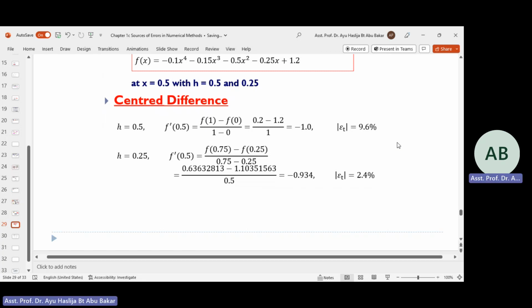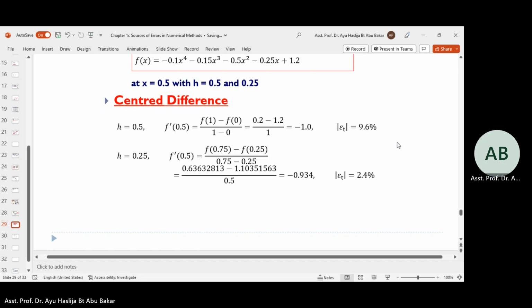Just try so that you know how to do it and make sure you get the correct value. So for centered, just now you already calculated for F1. Then that you get for h 0.1. For h 0.25, you will get 0.25 to 0.5.